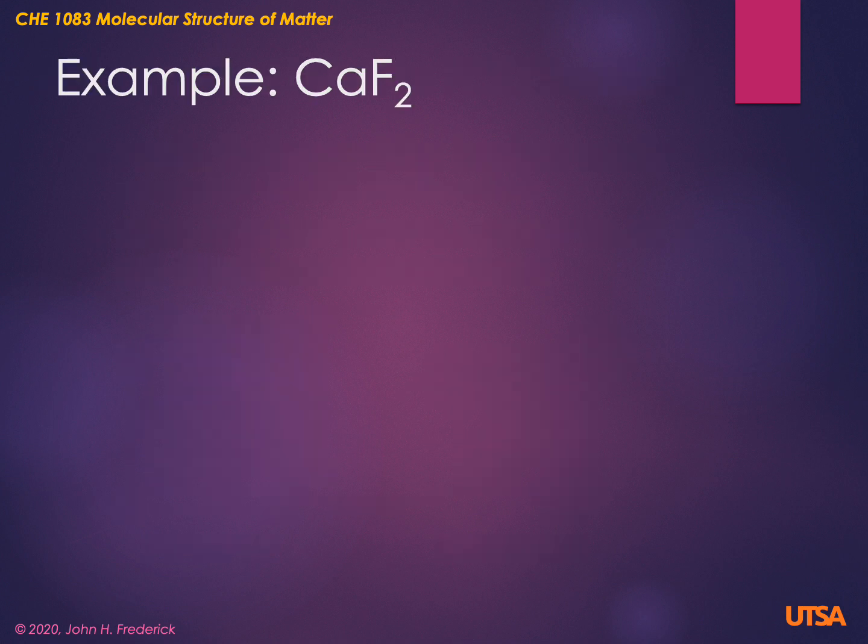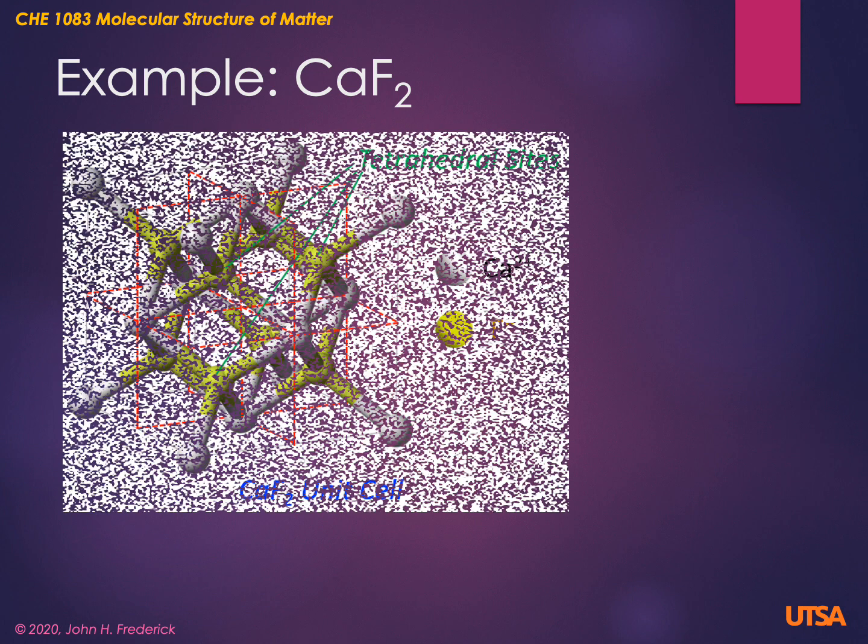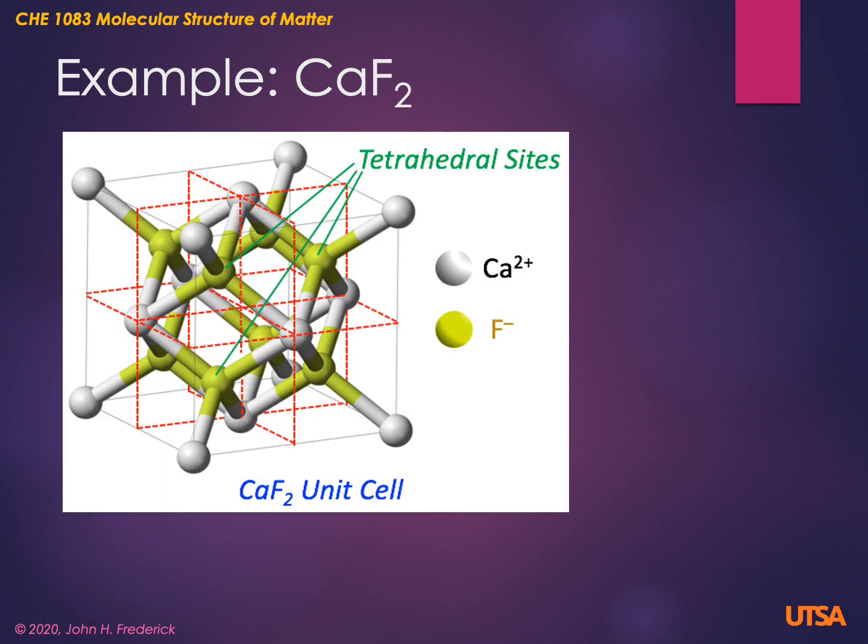So an example of this might be calcium fluoride. Here is a picture of the unit cell for calcium fluoride. The fluorides are all colored yellow here, whereas the calciums are colored white or gray. We can see that the calciums are located at the lattice sites, at the corners of the cube and in the faces of the cube.